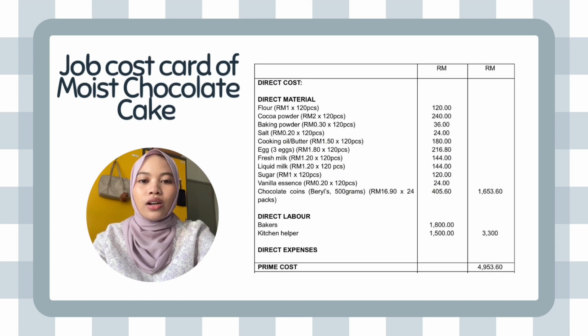Flour, 1 ringgit times 120 equals 120 ringgit; cocoa powder, 2 ringgit times 120 equals 240 ringgit; baking powder, 30 cent times 120 equals 36 ringgit; salt, 20 cent times 120 equals 24 ringgit; cooking oil or butter, 1 ringgit 50 cent times 120 equals 180; 3 eggs, 1 ringgit 80 cent times 120 equals 216 ringgit.